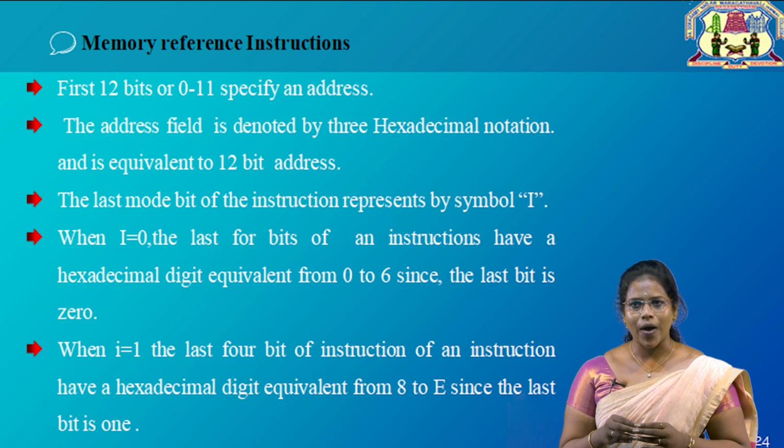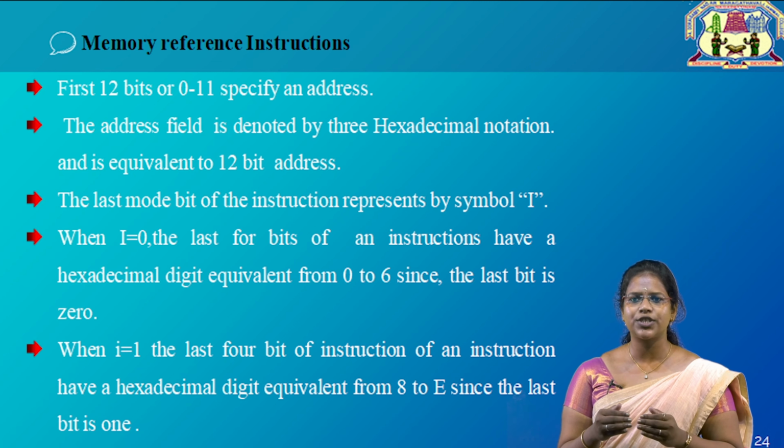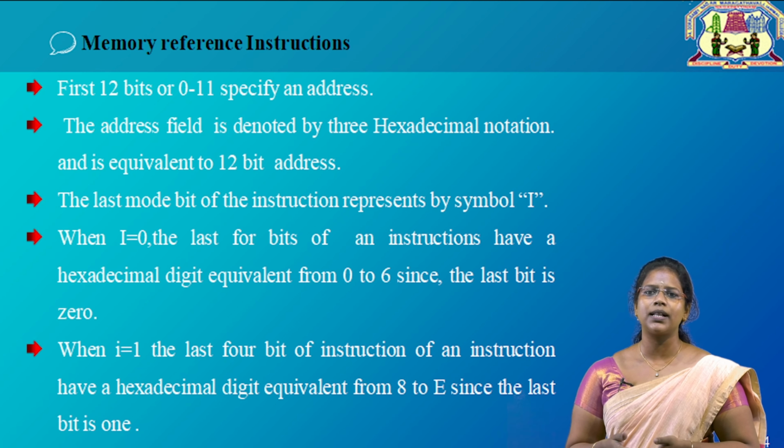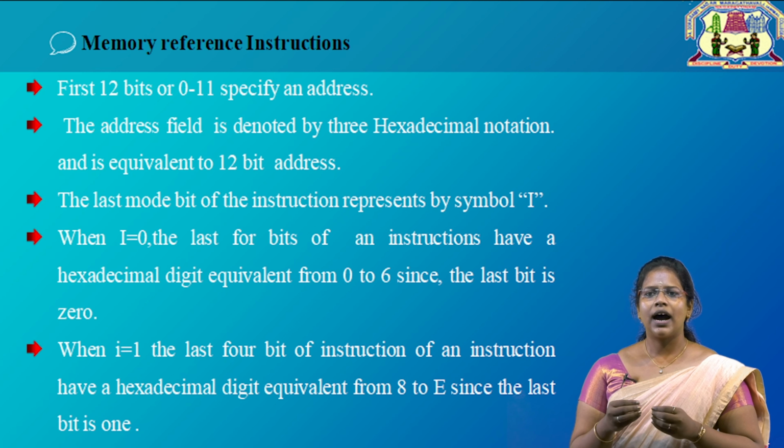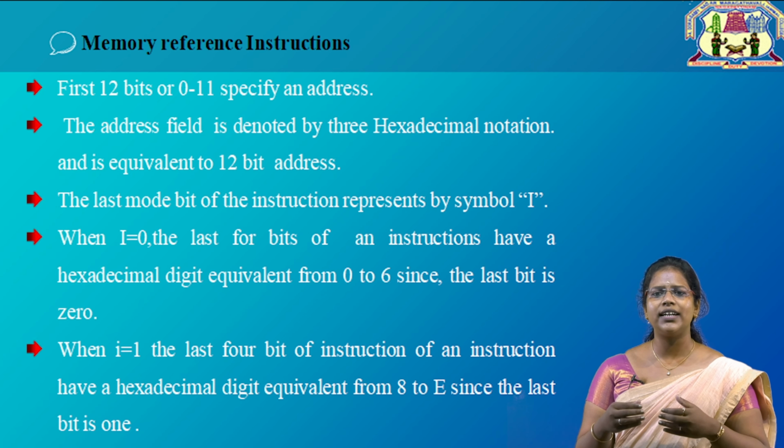When I equals 1, the leftmost 4 bits have a hexadecimal digit equivalent from A to E, since the leftmost bit is 1. This is the memory reference instruction format for your reference.